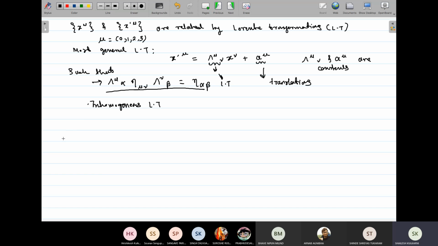Let us start with ds squared. What is ds squared? ds squared is the 4-distance in Minkowski spacetime.